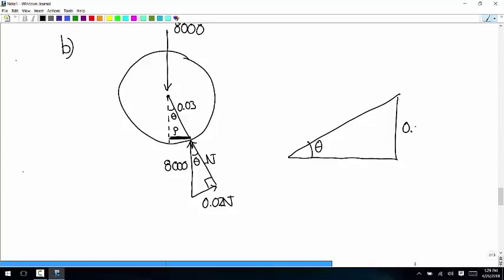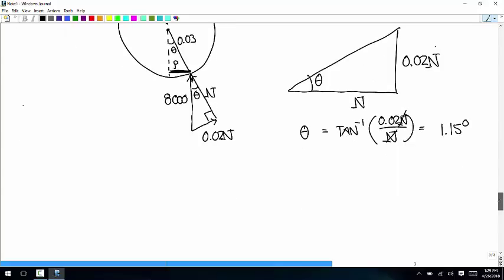So over here we have 0.02 times the normal, here we have the normal, and so theta is equal to the inverse tangent of 0.02 N over N. The N's cancel. And what do you get for theta here? 1.15 degrees.